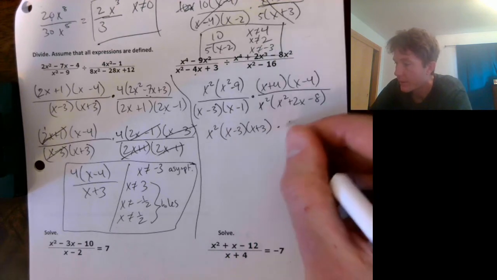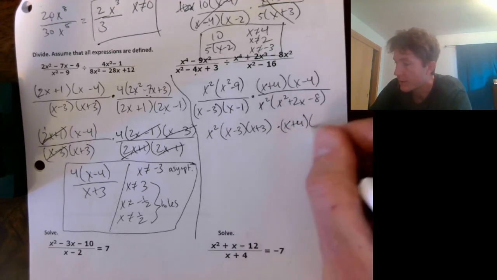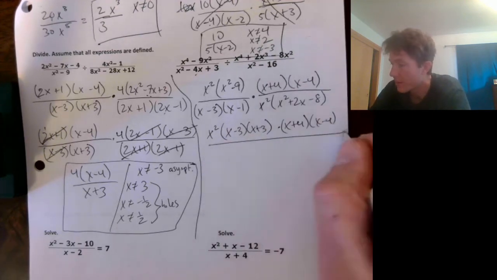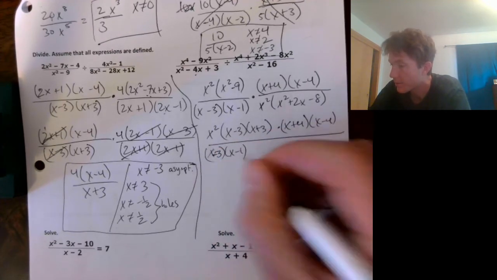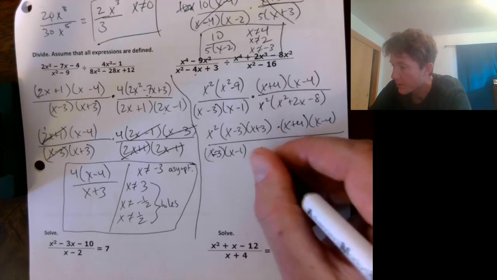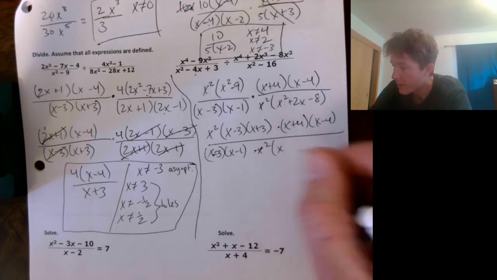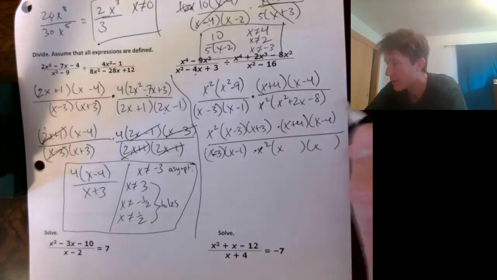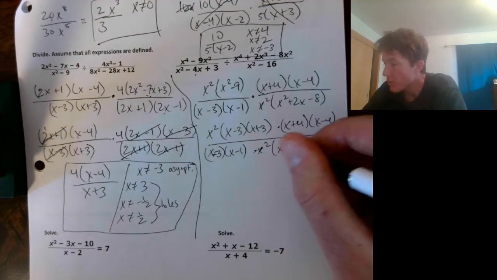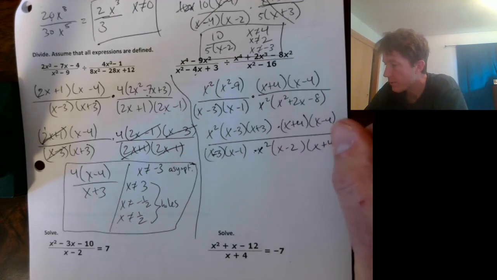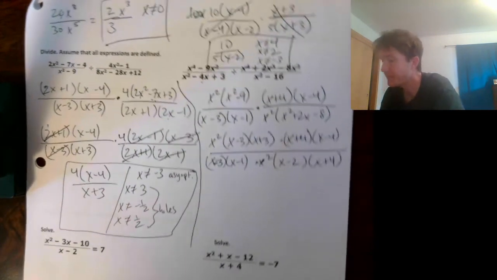X plus 4, x minus 4, all over x minus 3, x minus 1, times x squared. This will be x minus 2, x plus 4. That gives me the positive 2x.